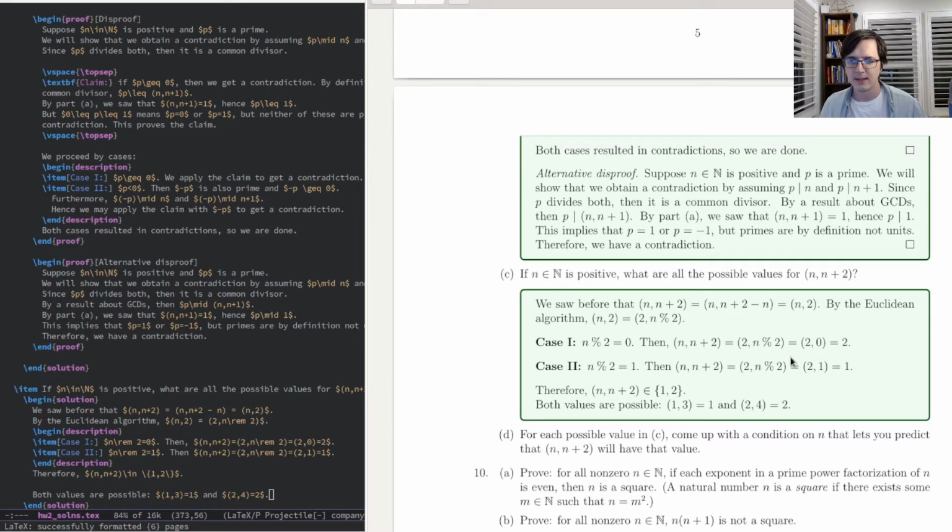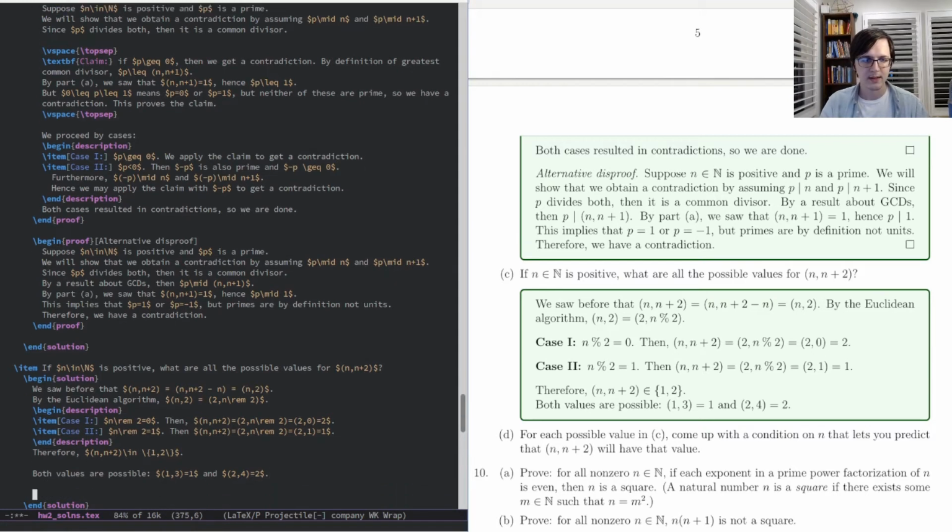There's another thing we can do here. Another way we could have done this is notice that 2 is equal to minus 1n plus 1n plus 2.